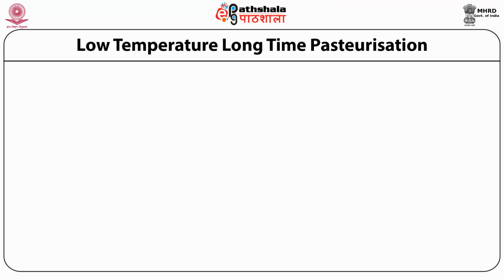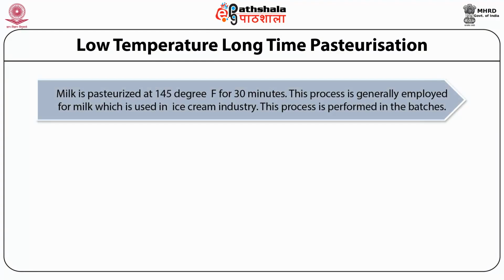The second method of pasteurization is the low temperature long time pasteurization method, that is LTLT. In this method, milk that is used for ice cream making is pasteurized, because HTST affects some of the qualities of milk adversely in contrast with ice cream making.